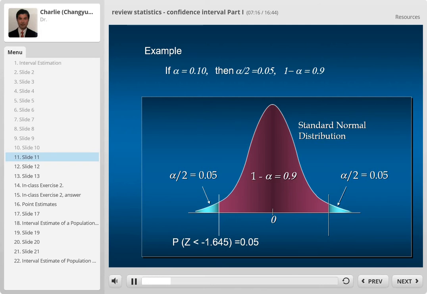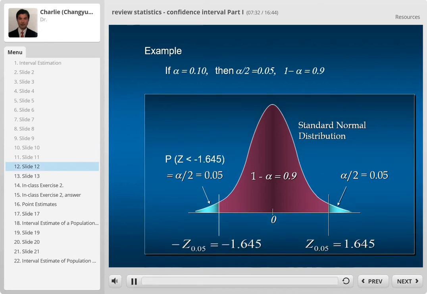Next, if we look up on the normal distribution table, we will find that probability of z smaller than negative 1.645 equals to 0.05. Then we will call this point, this is just a notation, negative z_0.05 equals to negative 1.645.